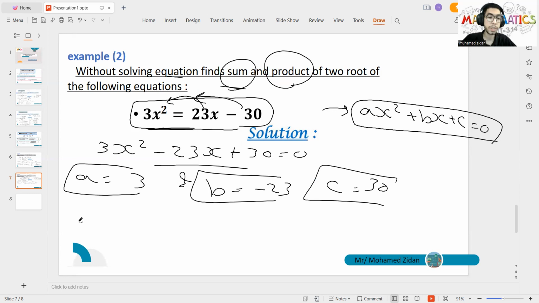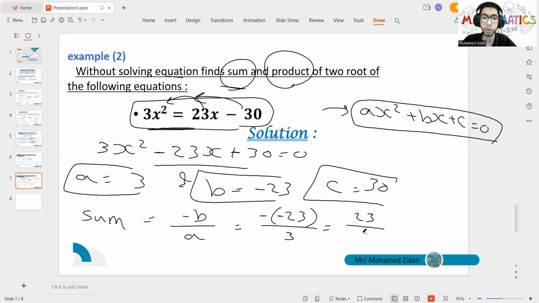To find the sum of the two roots, the rule is negative b over a, which is negative of negative 23 over 3, so positive 23 over 3.